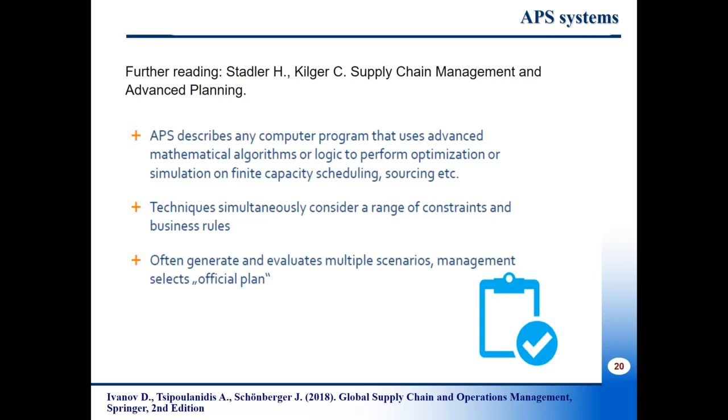And therefore, starting from the beginning of the 21st century, another IT system called APS, that is Advanced Planning System, has been introduced to fill the gap. Different from ERP, which had restrictions like planning against unlimited capacity.